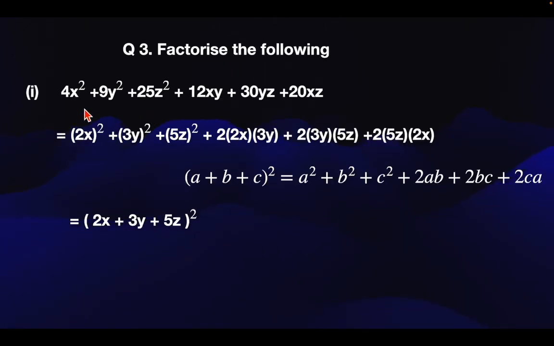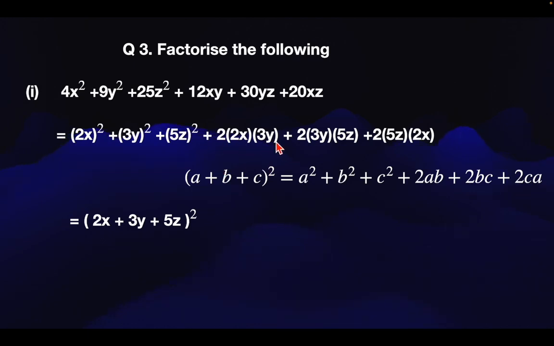Factorize the following: 4x square plus 9y square plus 25z square plus 12xy plus 30yz plus 20xz. So write this expression in a standard form like this. This is similar to the RHS of this identity. a plus b plus c the whole square is equal to a square plus b square plus c square plus 2ab plus 2bc plus 2ca.